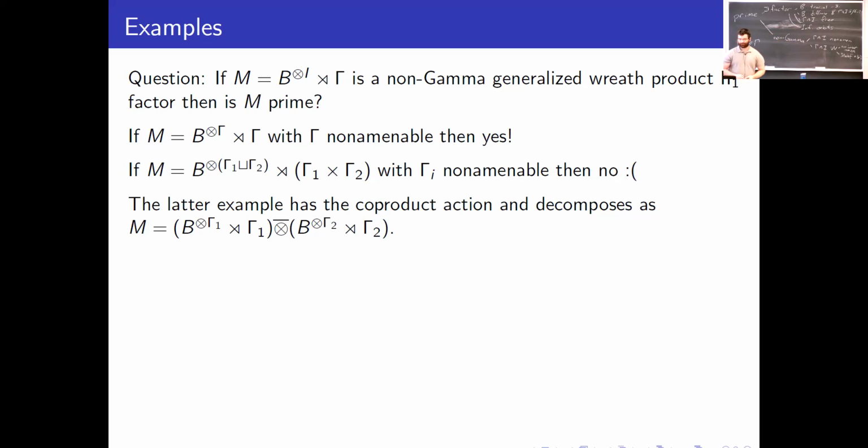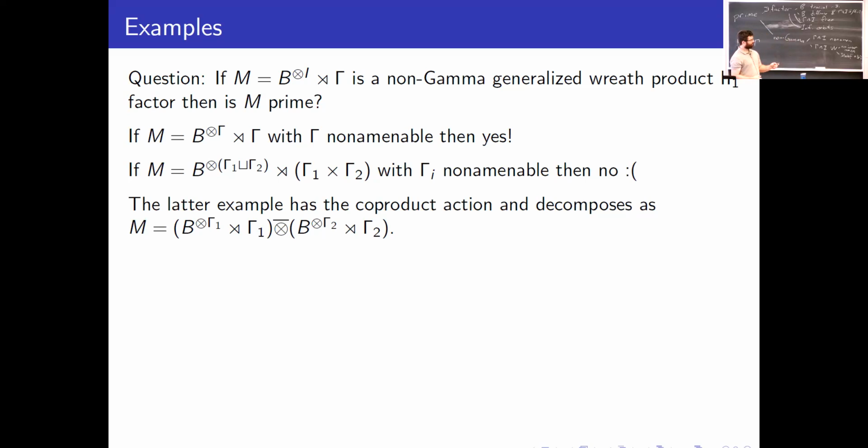So it's not prime. And if B is tracial, and these are Bernoulli actions of non-amenable groups, then it has all these things. So in this case, this is like the tensor decomposition, the prime decomposition, because each of those is prime. Or I should say it's a prime decomposition, because I didn't prove that's the only way.